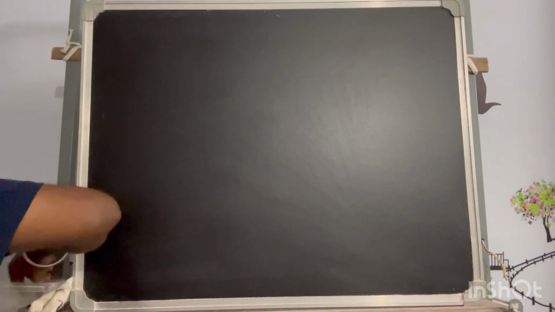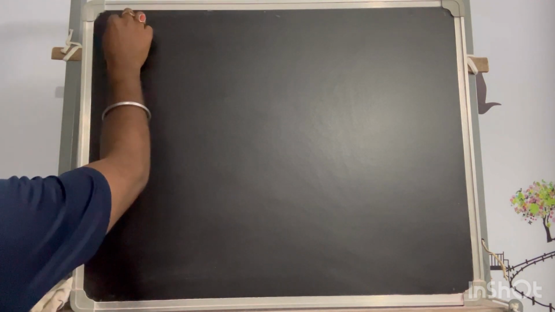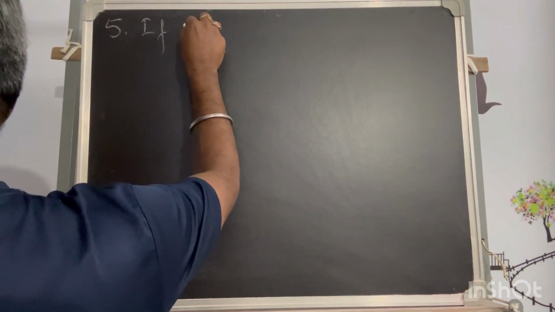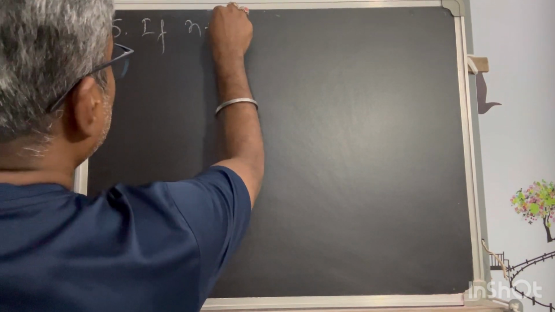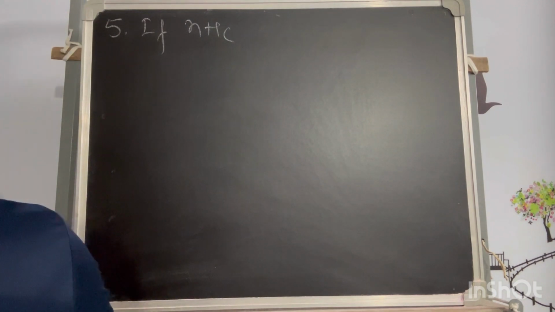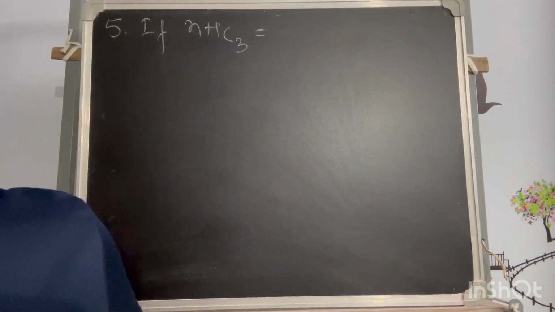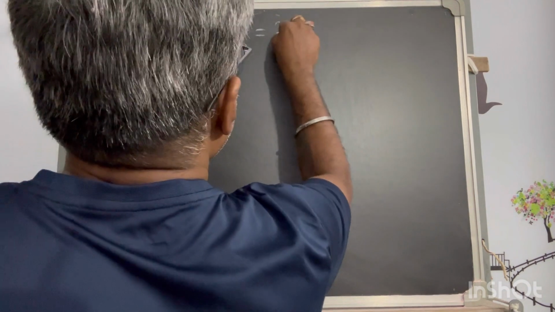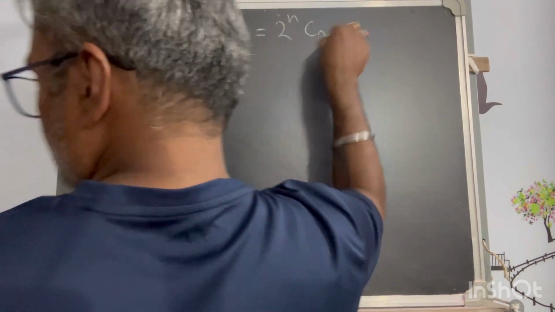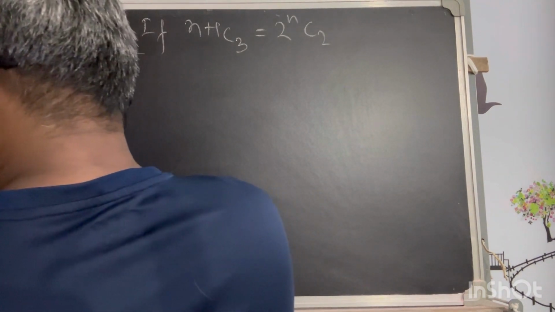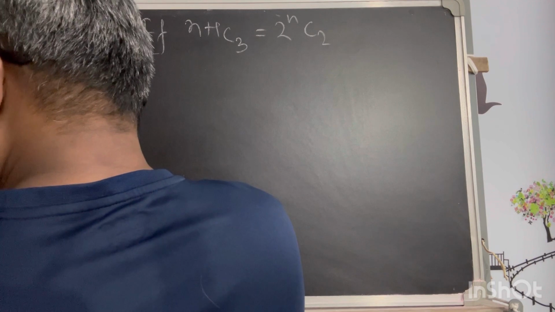So the number 5 problem is: it is given that (n+1)C3 is equal to 2 times nC2.